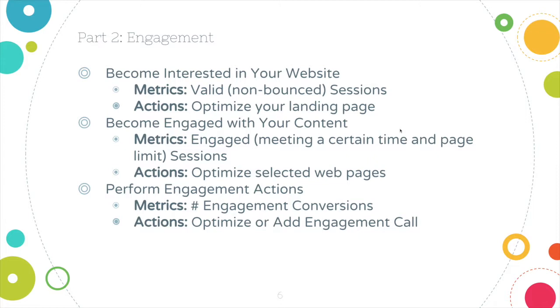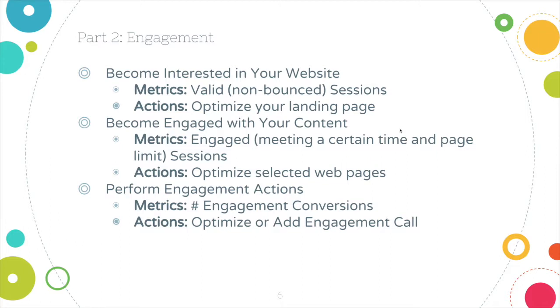And then finally, they need to perform some engagement actions, such as signing up for a newsletter, watching a video, or anything as such. This is a clear indication that this customer has become engaged. This is something we call engagement conversion, which in Google Analytics is one of the goals that you will set up in one of the future sessions we discuss.